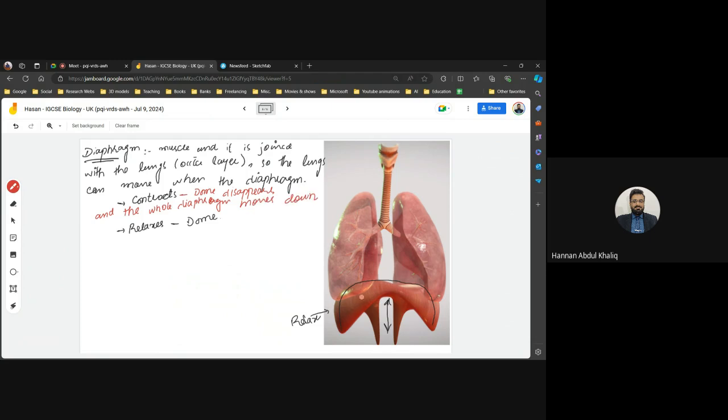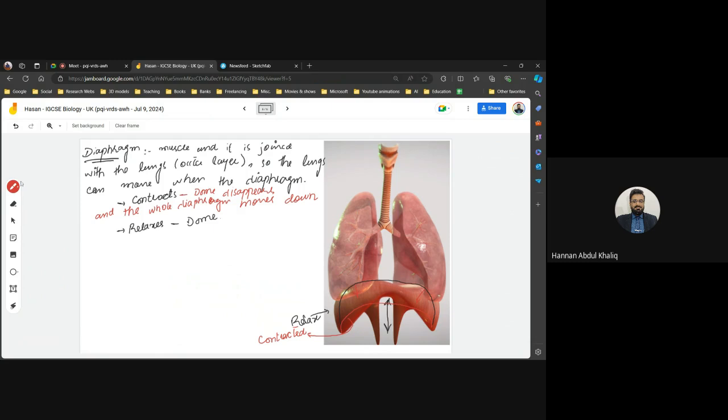Now, for that particular reason, I would have to open a new animation. But first, I would show you the appearance of the diaphragm when it is being contracted. Just imagine that when it moves downward, it would obviously take the lungs with it.